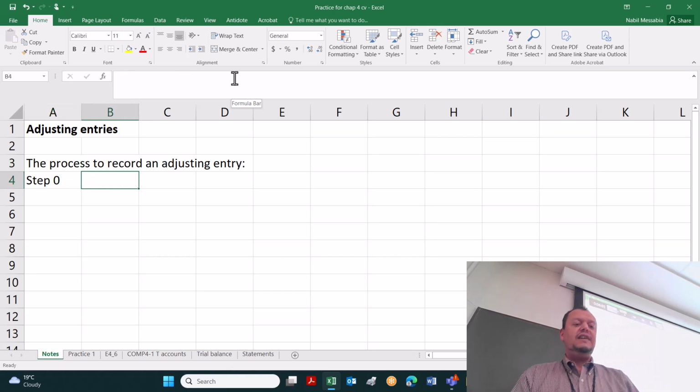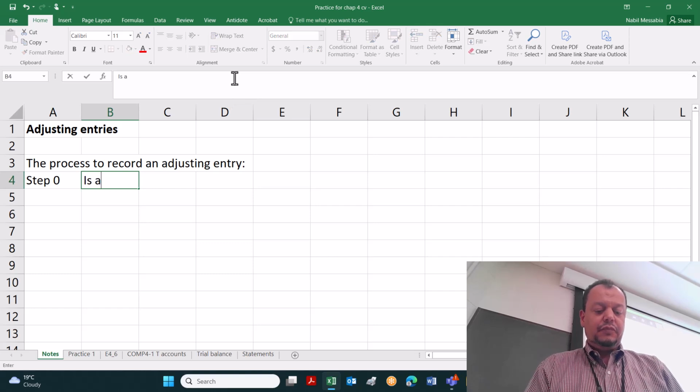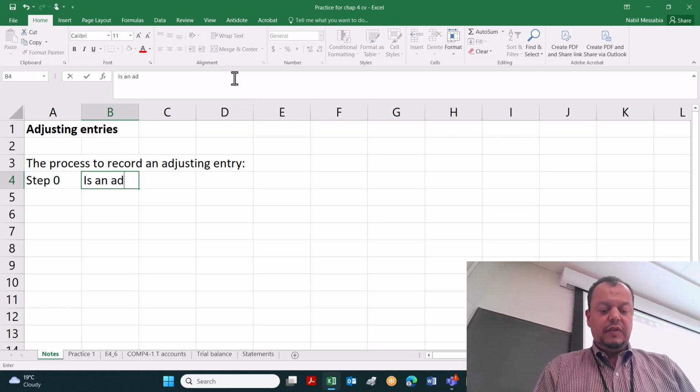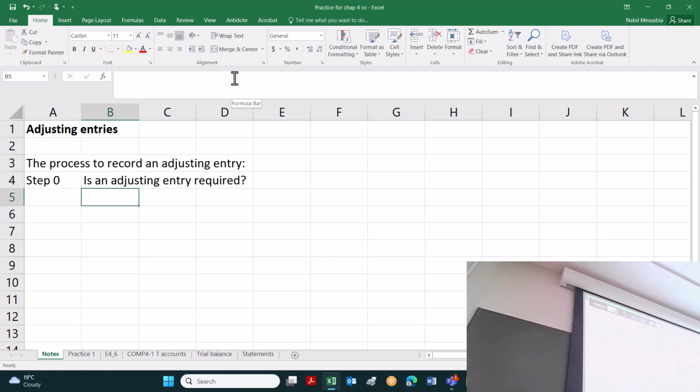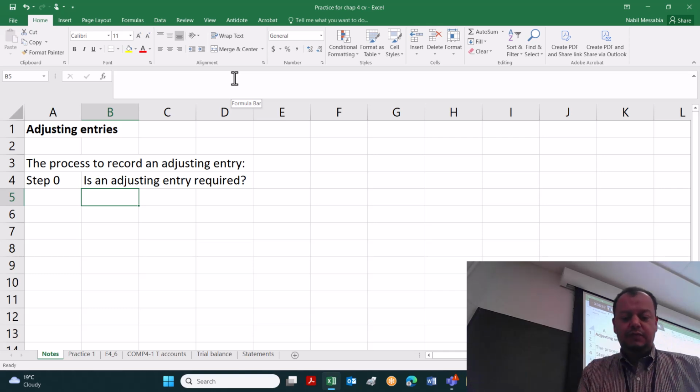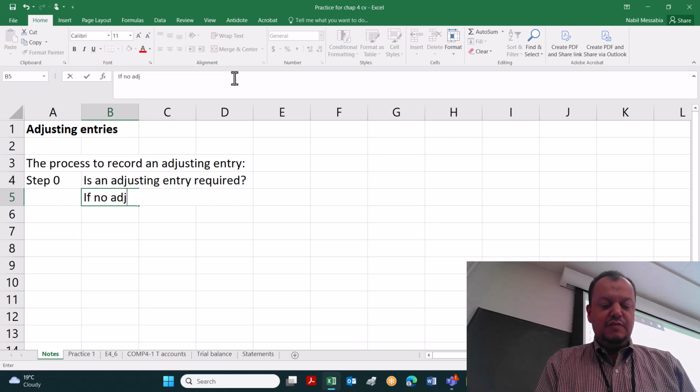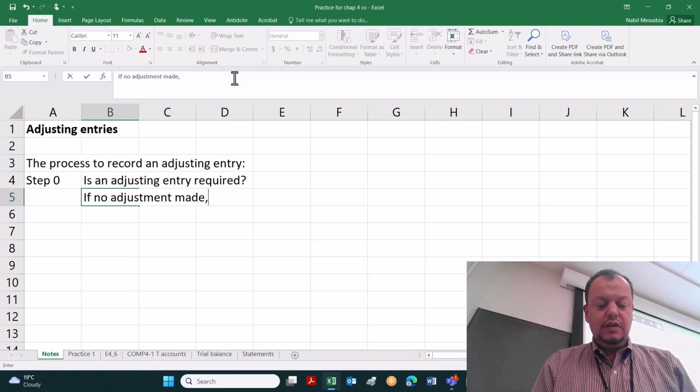Simply ask yourself, is an adjusting entry required? Translation of that question: what happens if we do not make any adjustment? Translation is, if we don't adjust, is there something wrong? So, if no adjustment is made, is there anything wrong?